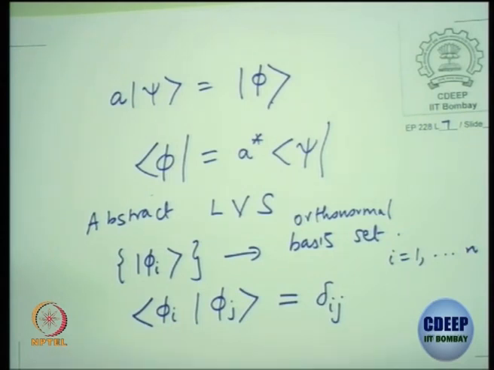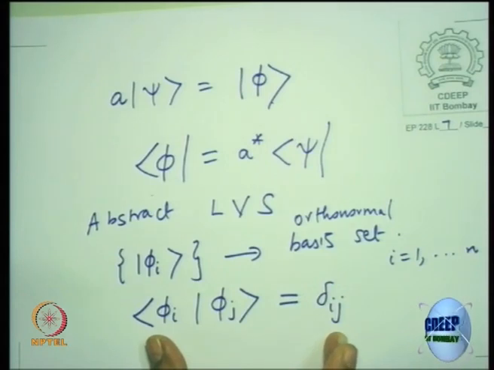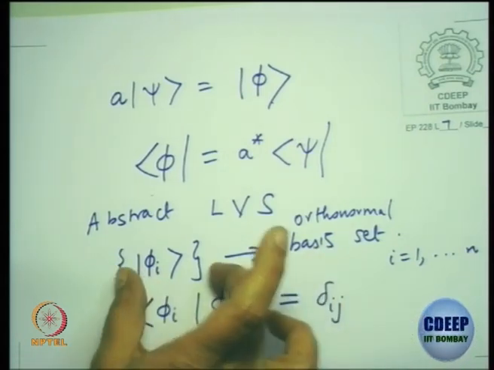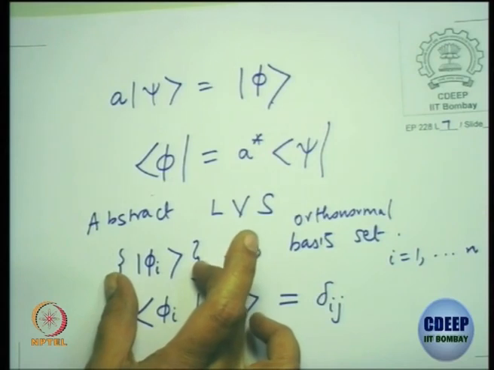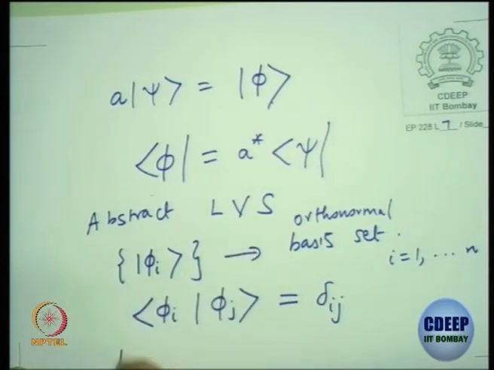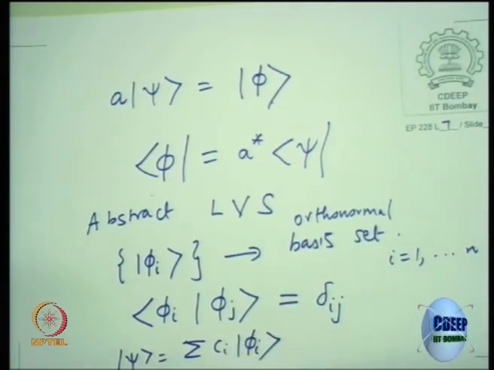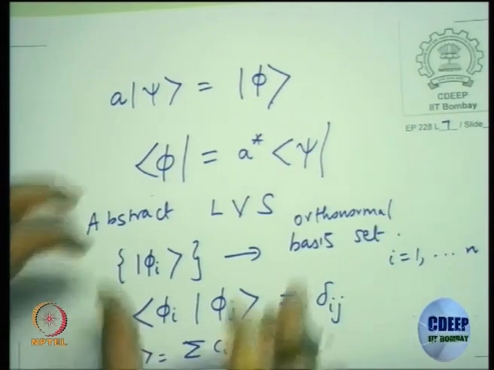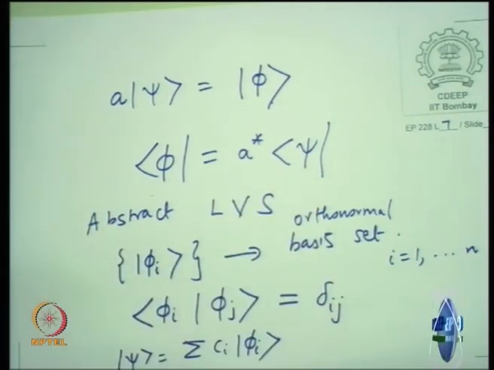You can have all types of vector spaces, but this property has to be satisfied, and this basis set means any arbitrary state you will be able to write in terms of summation over Ci phi i. That is the meaning of saying that it spans the space. You can write any arbitrary state in terms of that, and these two conditions will be sufficient to look at any abstract space.